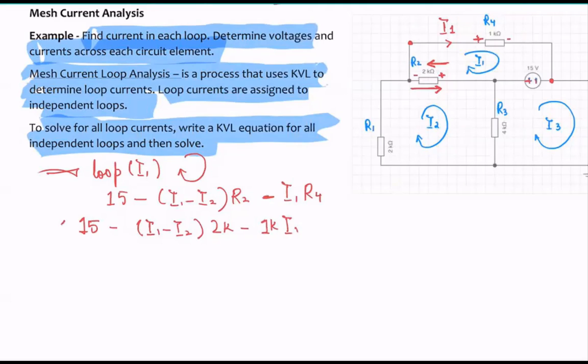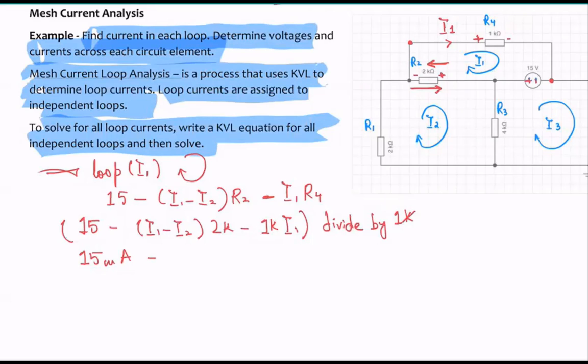And if I, just for the sake of simplification, divide this whole equation by 1K, okay? So I will get what? So this will be 15, right? 15. And this will be milliamps, correct? Okay, because 15 divided by 1K, when the K goes to the denominator, it will be negative to the power 3, negative 3. So, and then here, this K will cancel out with this K, correct?